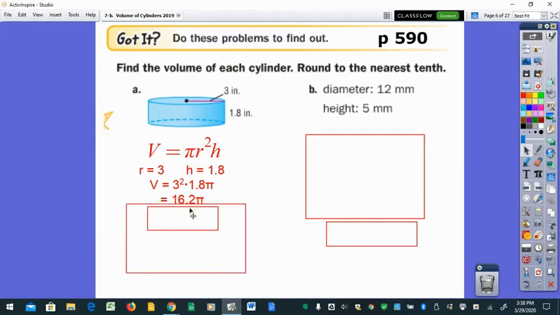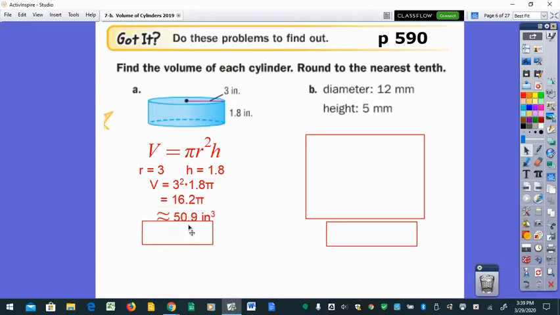And 9 times 1.8 is 16.2 pi. And I'm going to stop for a second. That's my exact answer. Now, when I take the 16.2 and multiply by the pi button, or 3.14, it's now going to be an approximate answer, and it's about 50.9 inches cubed. Did you remember to put your units? Did you remember to put to the third power?